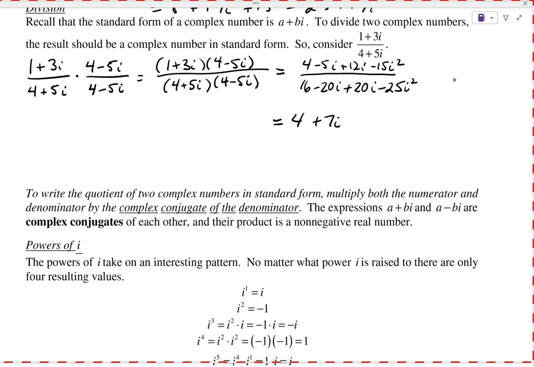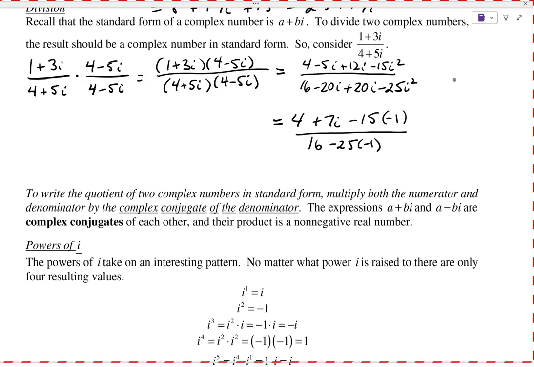When we combine the terms in the middle on the top, we've got minus 5i plus 12i, so we get a positive 7i. And then on the end there, again, what do we replace i squared with always? Negative 1. Every time you see an i squared, you replace it with negative 1. In the denominator, we have 16. The terms in the middle cancel.